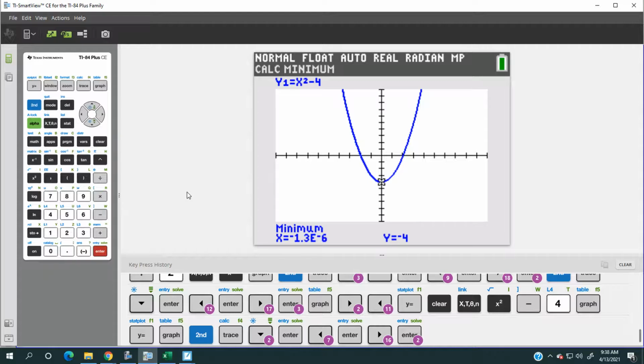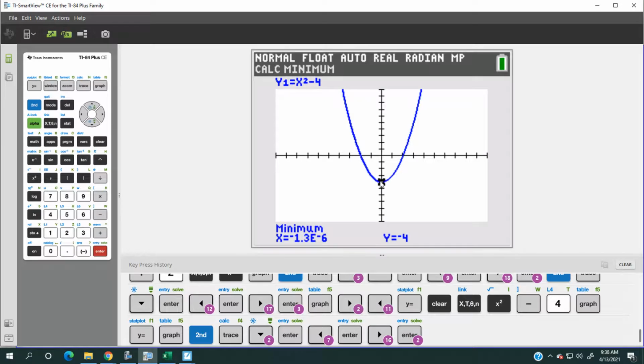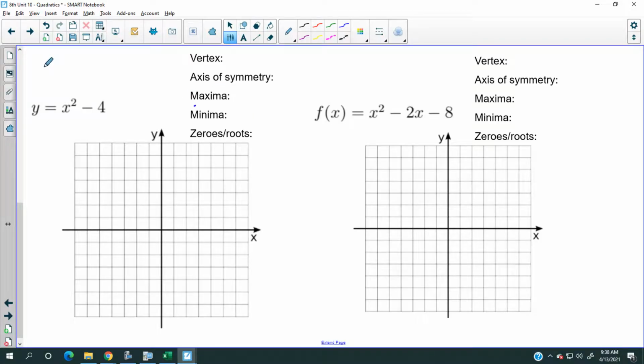Oh, x is at 0, that's right. The minimum, y is -4, so the minimum is where, all right, actually vertex, well, let's get the vertex first. All right, let's not lose sight of that. Now, don't get thrown off by this -1.3 and then e to the -6, because what it really means is this.